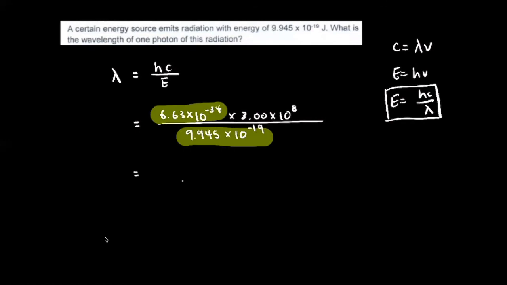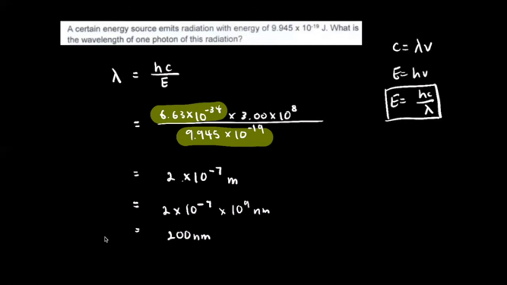And when you plug these values into the calculator, you get a pretty nice, simple number of 2 times 10 to the power of negative 7 meters. To convert this into nanometers, if you prefer, you just have to multiply it by 10 to the power of 9, which equals 200 nanometers.